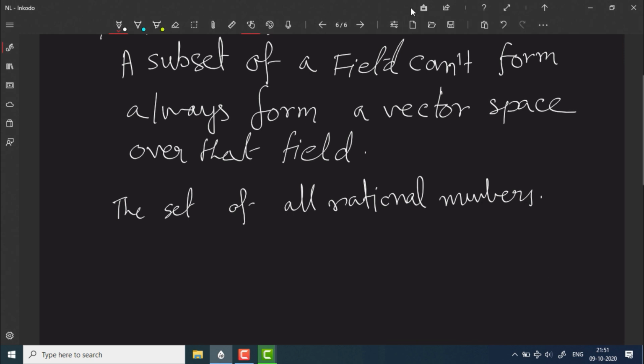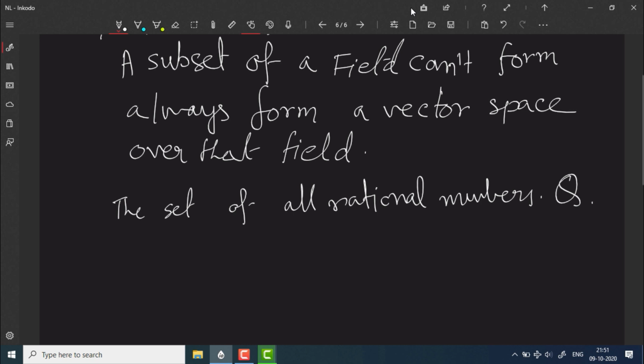The set of all rational numbers Q forms a vector space over Q. But if you take Q and try to check whether Q forms a vector space over F, sorry, over R or not.